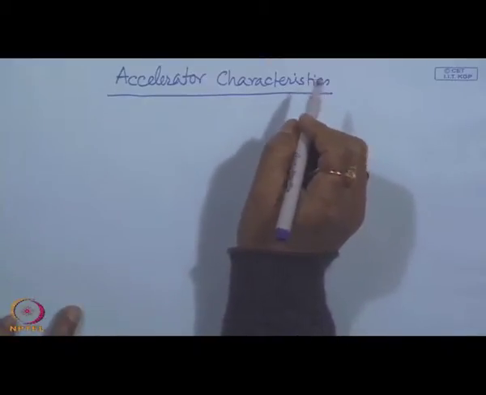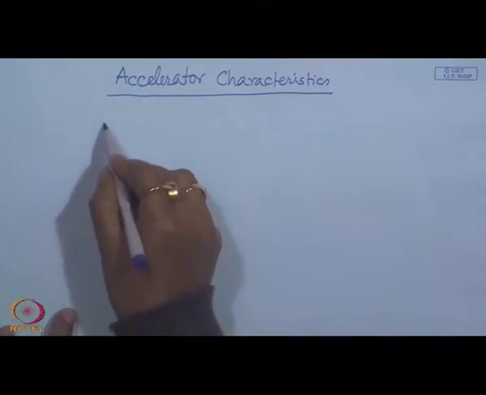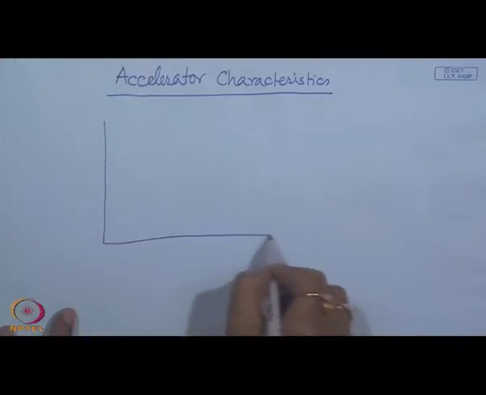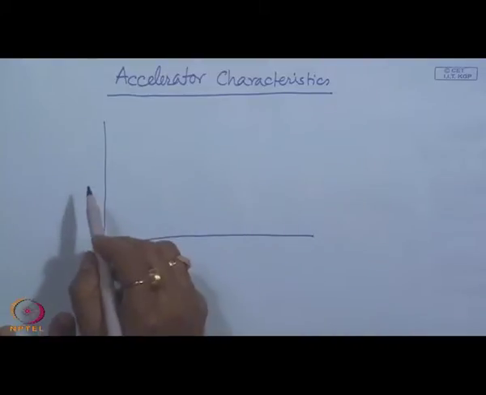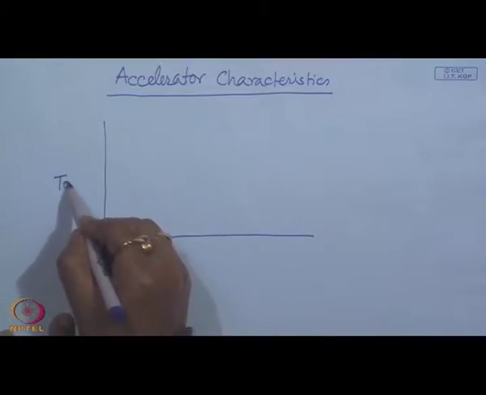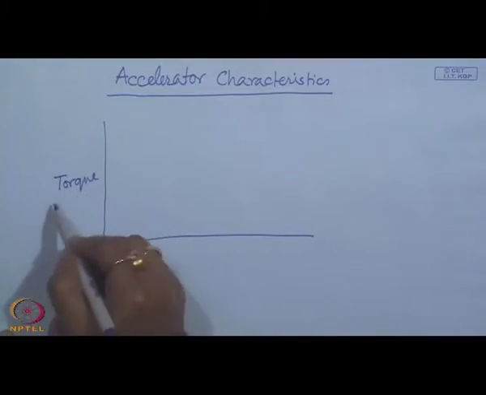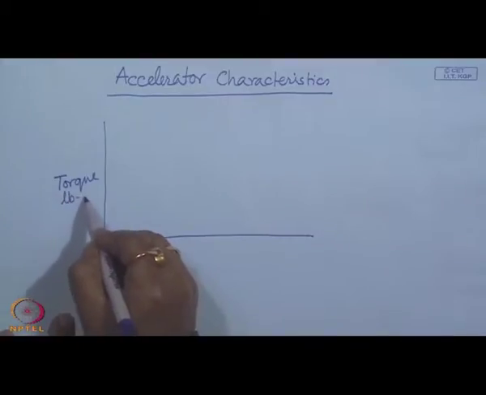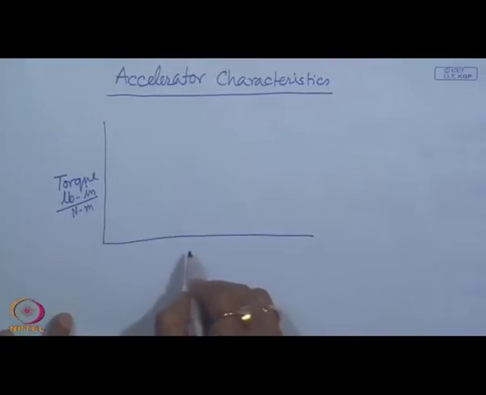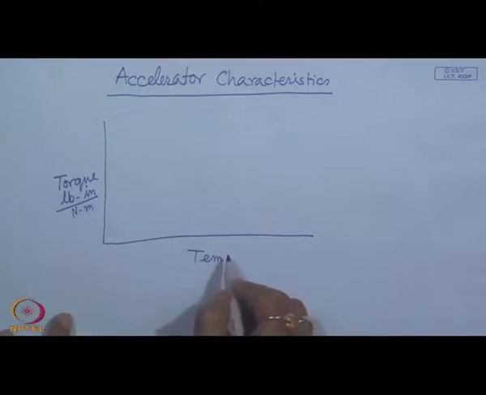Accelerator characteristics can be explained with the help of a rheometer trace, which makes a plot of torque in pound inch or Newton meter, in any units, versus curing time.